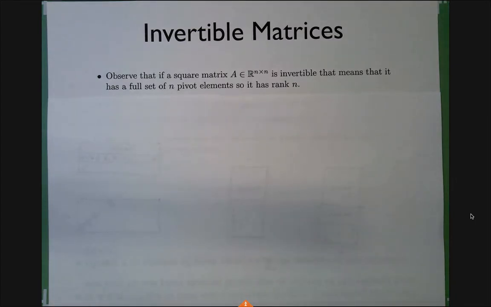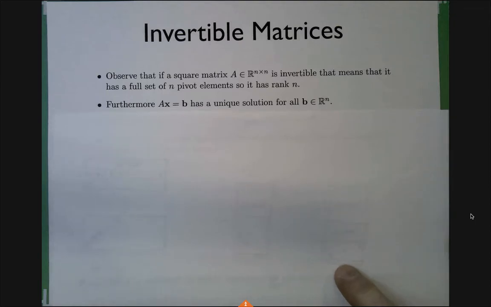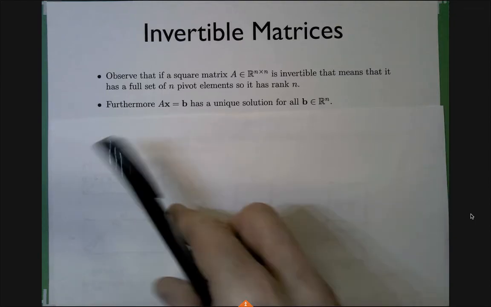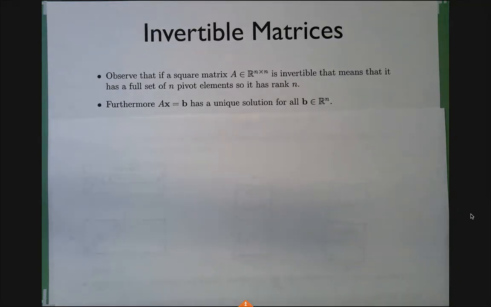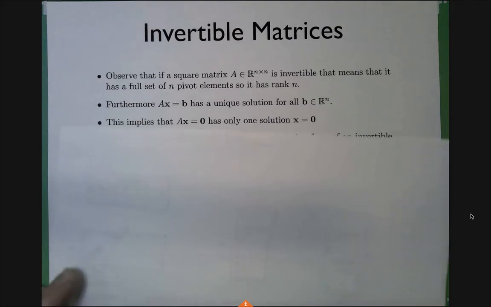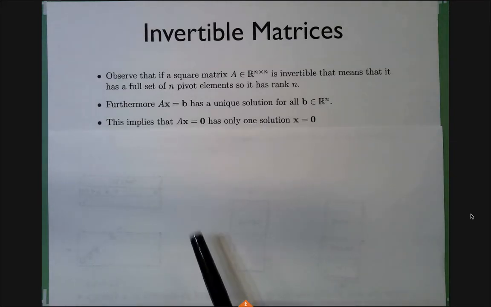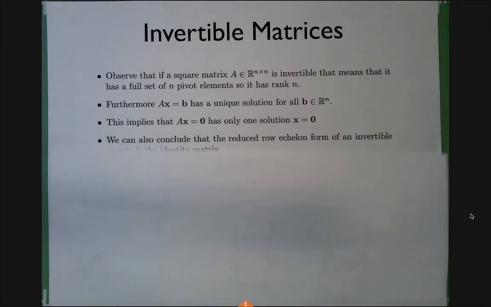So if a matrix is invertible, that means it always has a unique solution, right? If the right-hand side is 0, only the trivial solution is the end of the story.